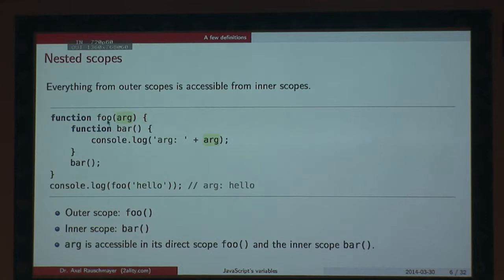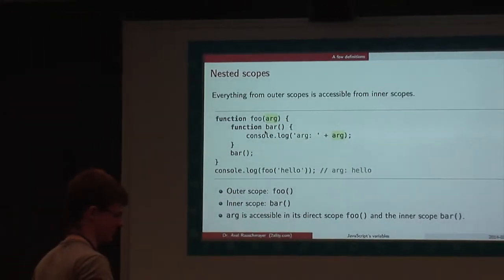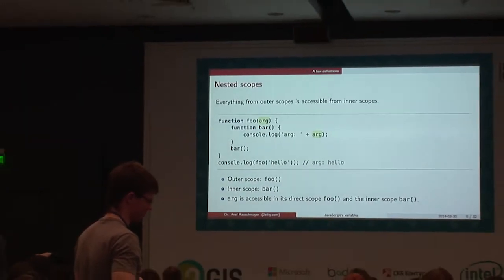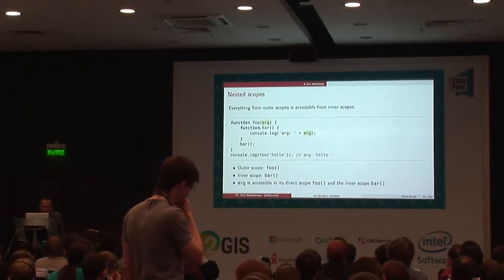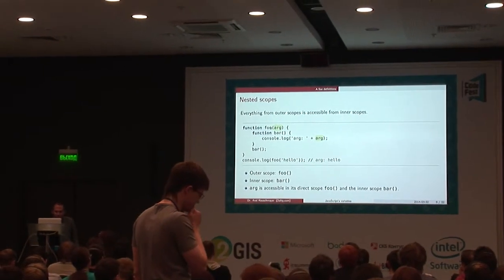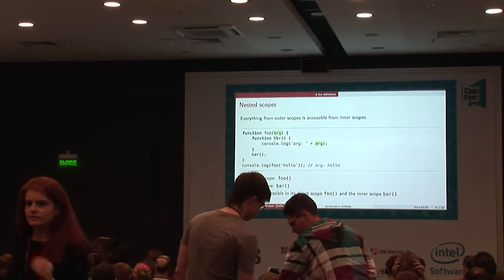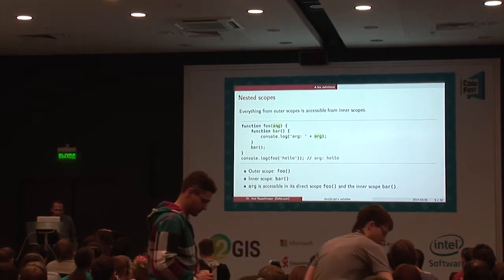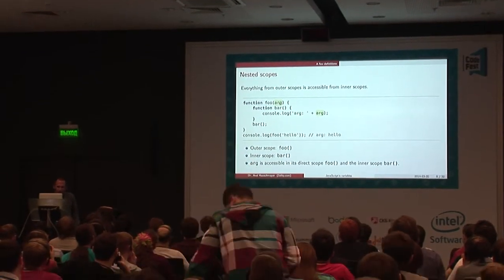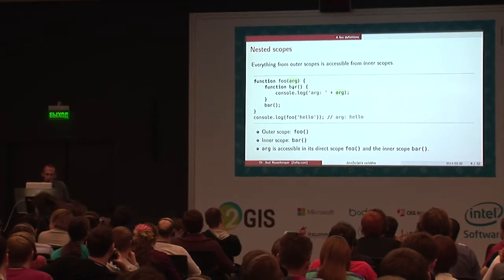That is nesting, and that is a static feature. What that means is that everything that is accessible in an outer scope is also accessible in all inner scopes. So if you have a parameter up here or a variable and it's accessible in foo, it will also be accessible in bar.